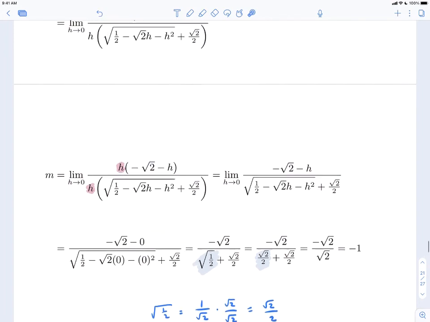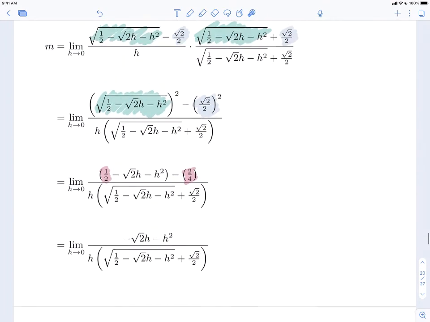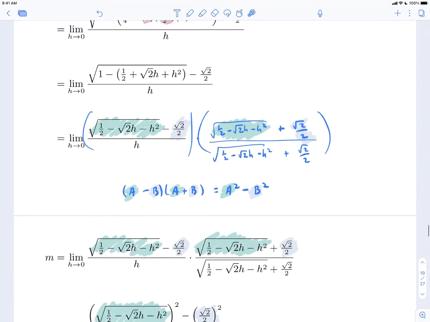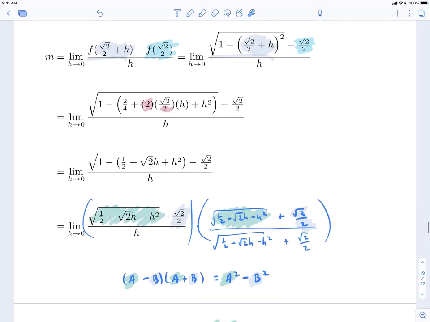Now you might wonder why we didn't just plug in h equals 0 to begin with. If we scroll way back to the beginning, if you were to plug in h equals 0 here, you just end up with a 0 in the numerator and a 0 in the denominator, which is undefined. So if you just get rid of that h, you'll have 1 minus the square root of 2 over 2 quantity squared, which is going to give you 1/2.